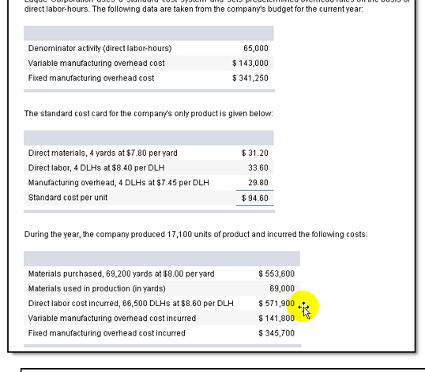Direct labor cost, it looks like 66,500 direct labor hours were used at $8.60 per direct labor hour. Variable manufacturing overhead cost incurred $141,800, and that would have come from the company's general ledger. And the fixed manufacturing overhead, also coming from the company's general ledger, would be $345,700.